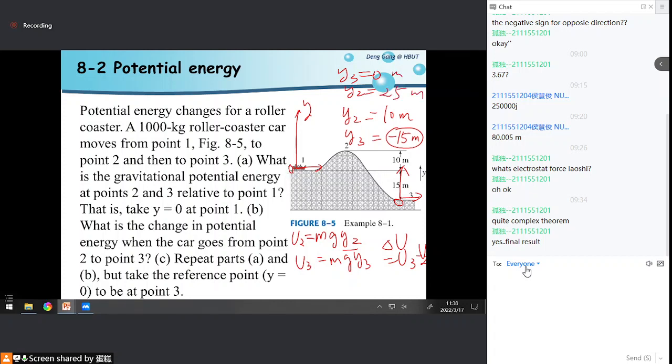So y2 and y3 will not be the same, so you will get different values. But the change is the same, because the change depends on the relative difference between these two. So we can also compare the results.